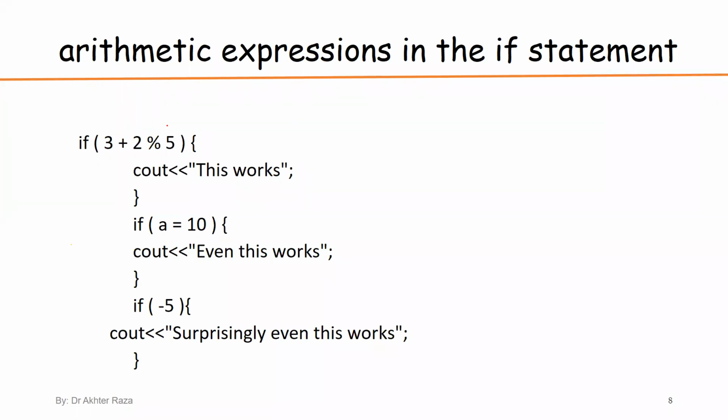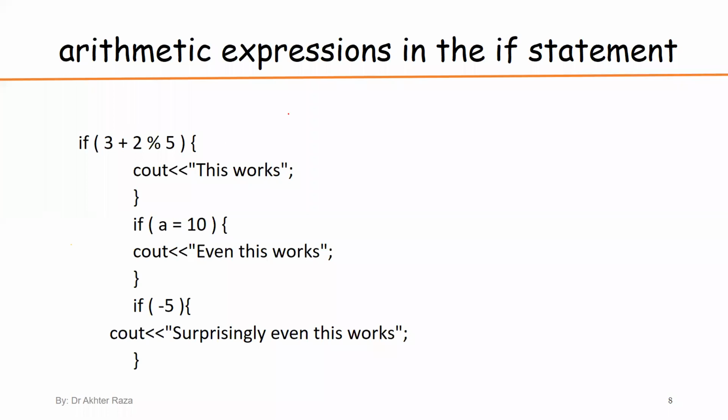And after division, if the answer is 0, then it means the condition is false. If the answer is 1, it means the condition is true. If the answer is any other number, the condition is false. So if you have 1 here, 1 means the condition is true. If you have other than 1, the condition is false.